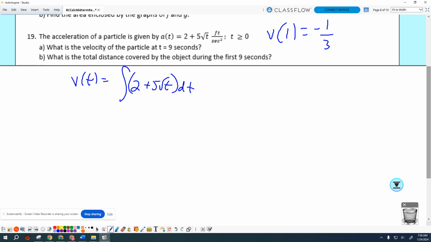And they want to know what's the velocity at 9 seconds. So what do I do? Do I put numbers on this? What do I do? 2x plus 25t, root 25t.